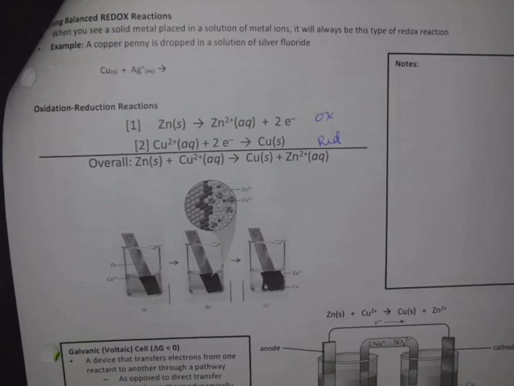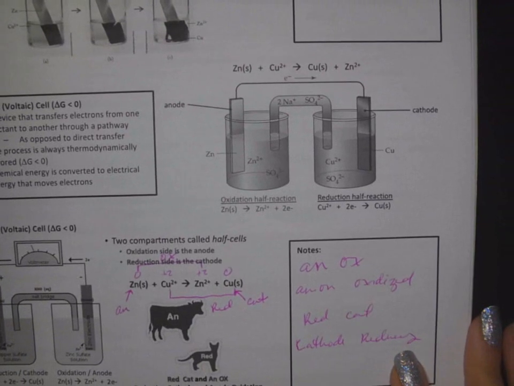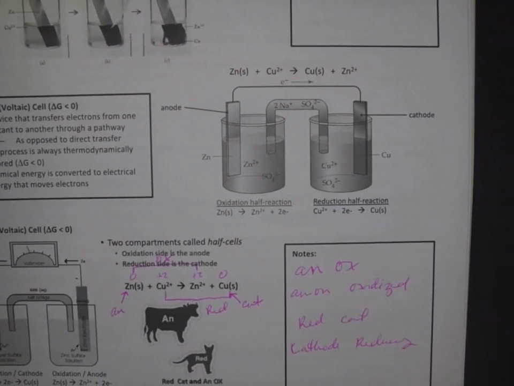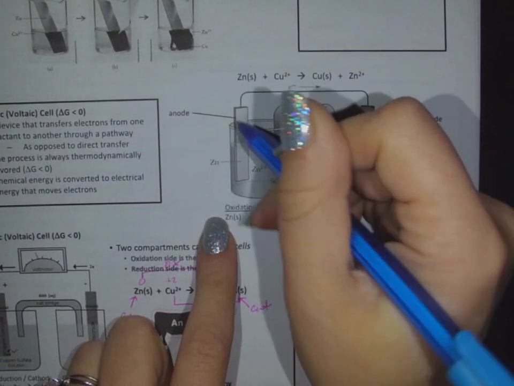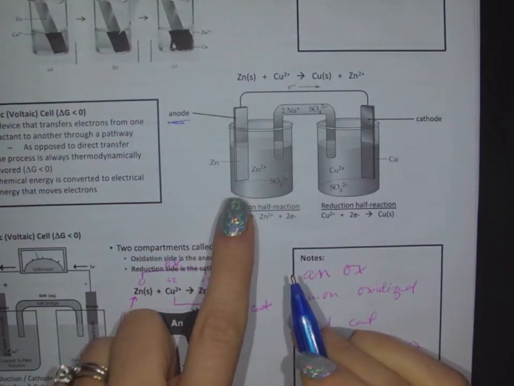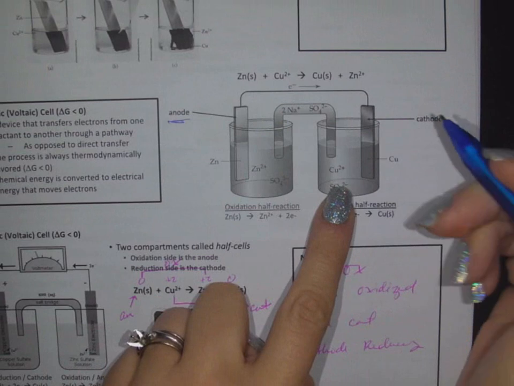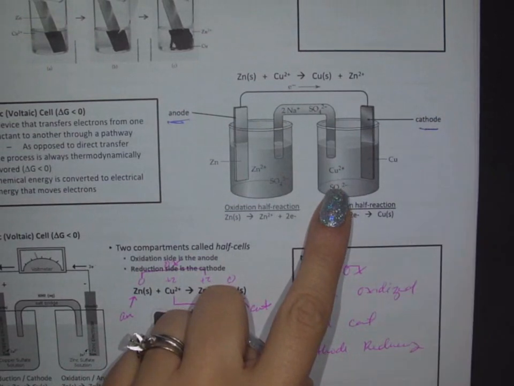This is how these batteries work. So we have our oxidation, so anox, so this is the anode. And then we have our metal, which is the cathode on this side.